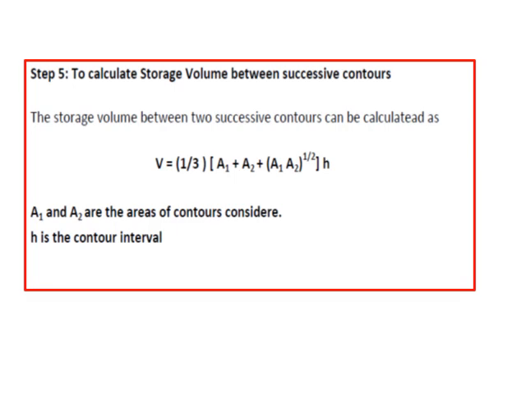So now to find out the storage volume between successive contours, you know that you have already generated the areas. Suppose you have the contours which are generated, and then we have one more contour generated at a particular level. Then you can find the volume that is stored between these two contours.